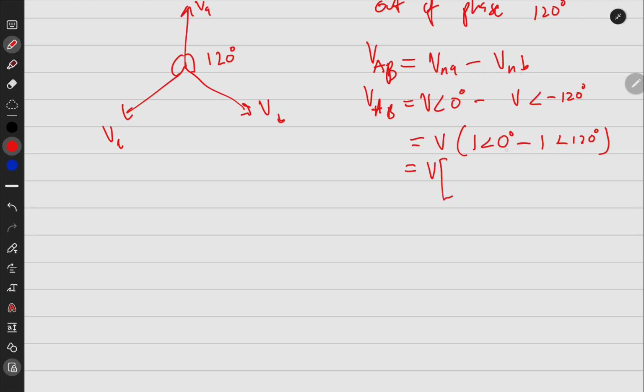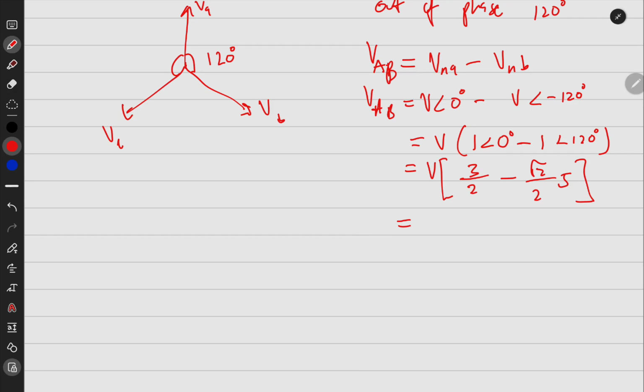If you don't know how to change this, I showed how to do it with the calculator in other videos, please check that out. You're going to get 3 over 2 plus a complex part. Then I can change it back to polar.